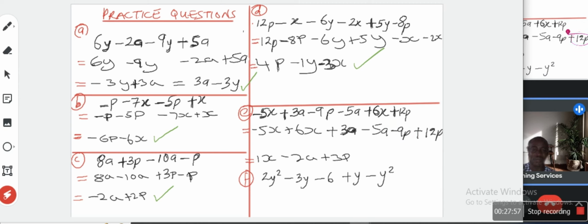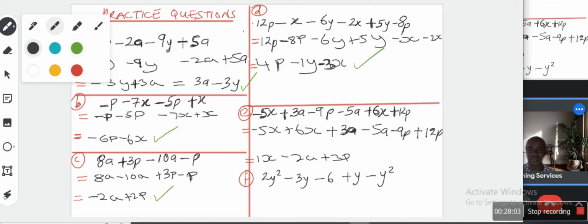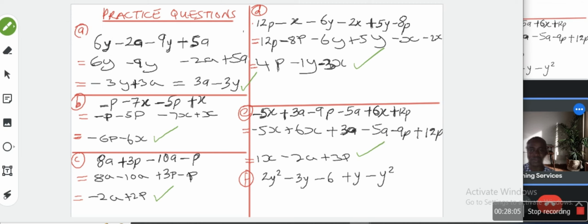So by the time you pay, you will still be having 3. So plus 3p, that's correct. This is correct.